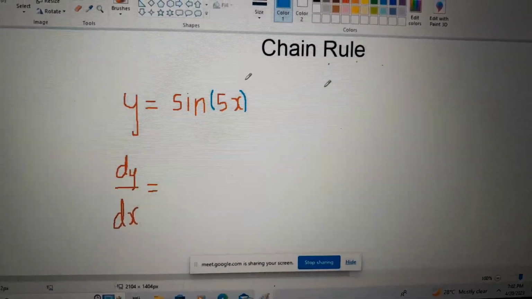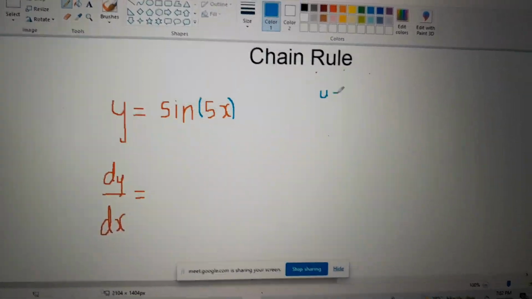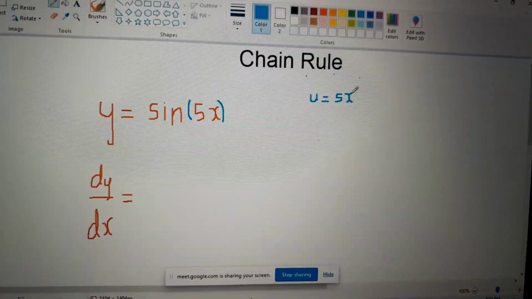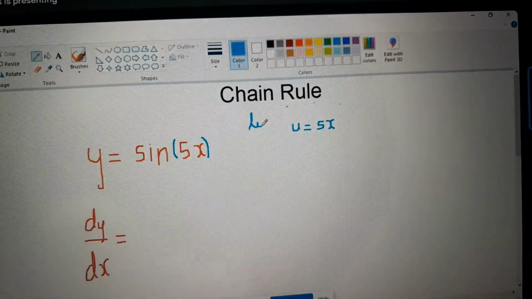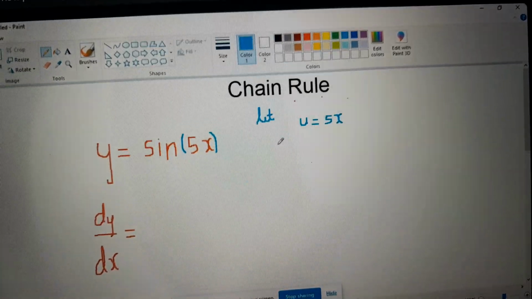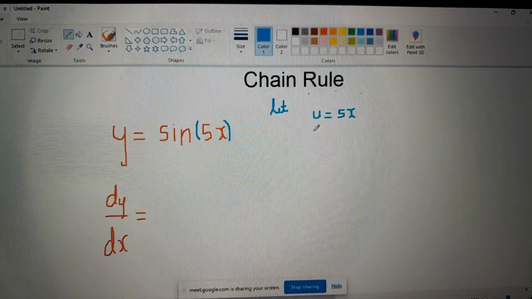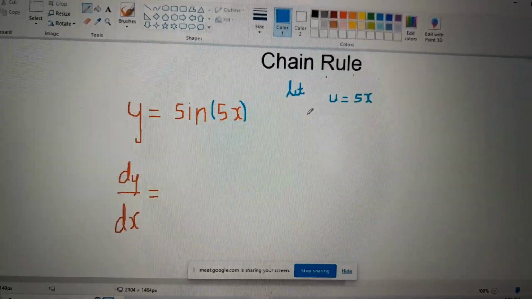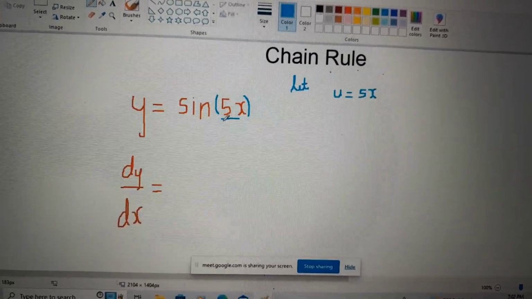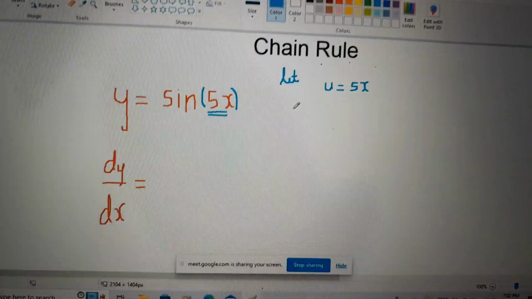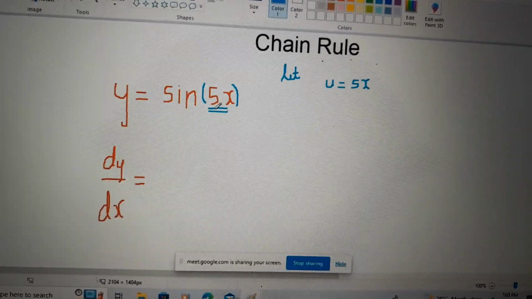And as we can see, 5x is a function by itself as well. Therefore, we can let u equal 5x. Is this clear with everyone? Yes, sir. We're going to let u equal 5x.